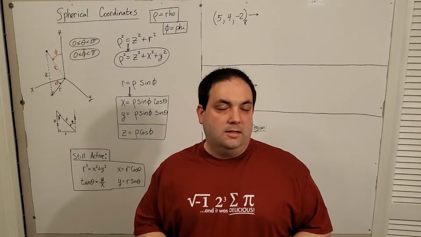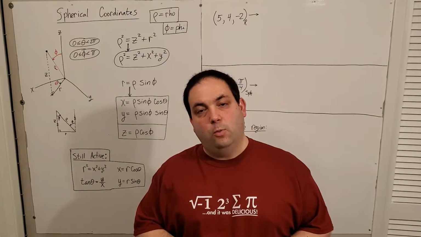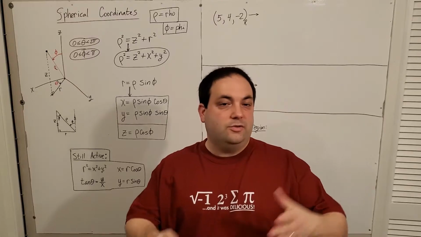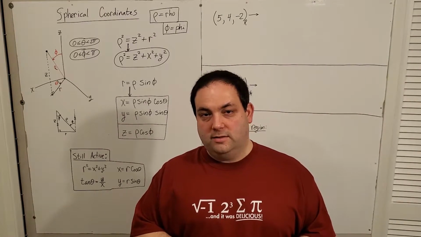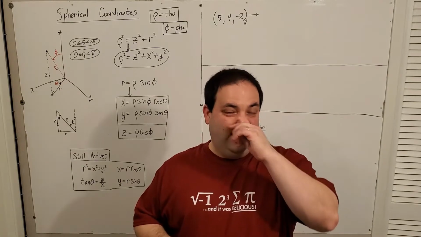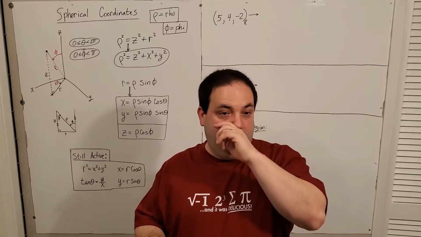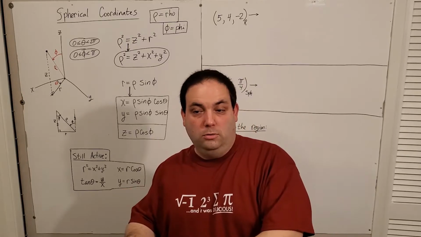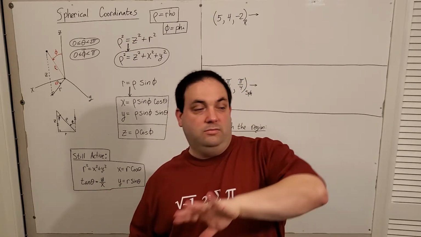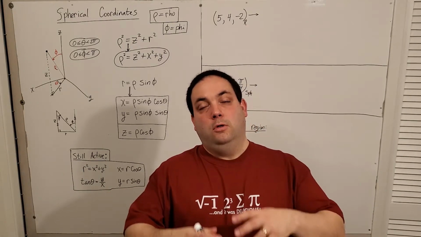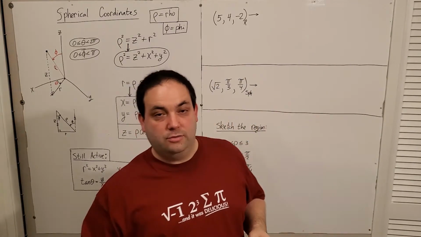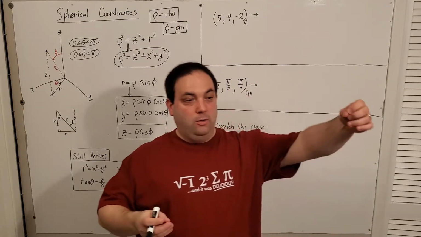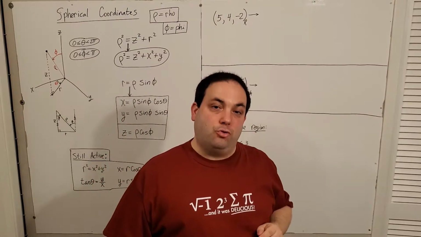Now we need to discuss the other coordinate system that we'll be using this semester, this course series, and that's spherical coordinates. It's a system that basically takes the idea of polar and cylindrical and makes it even more general as far as using rotation to aim and a radial line to travel.